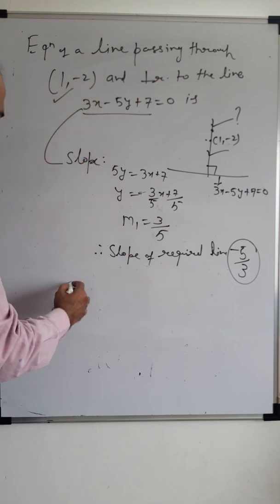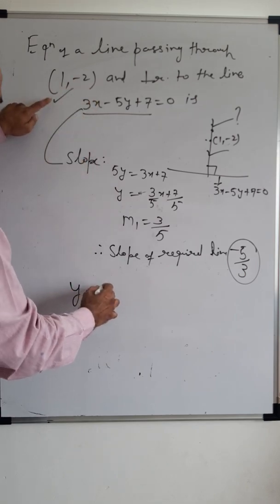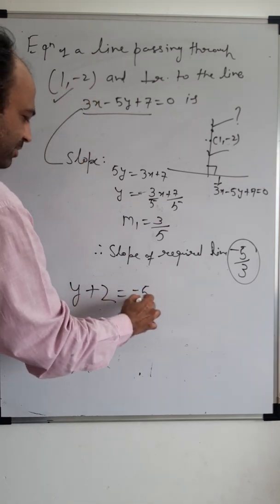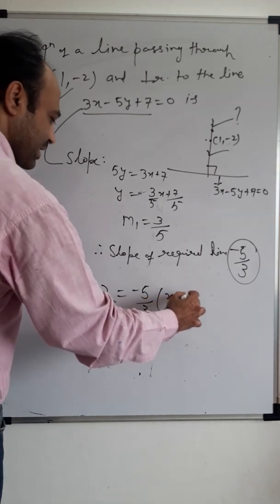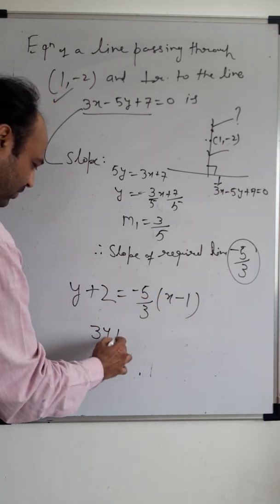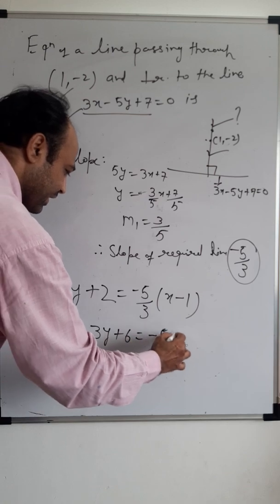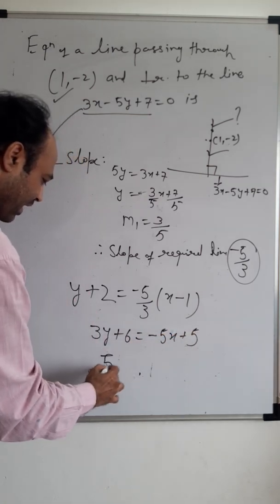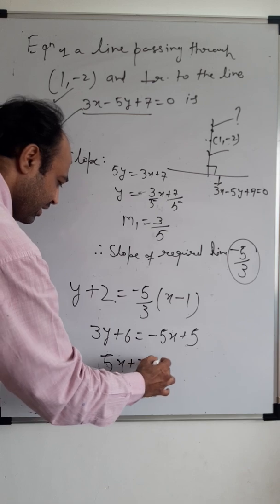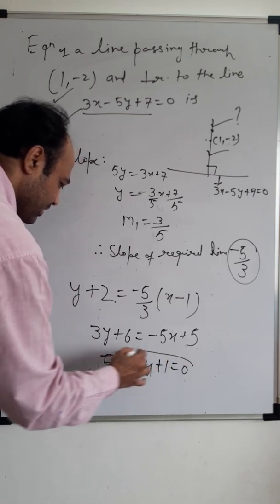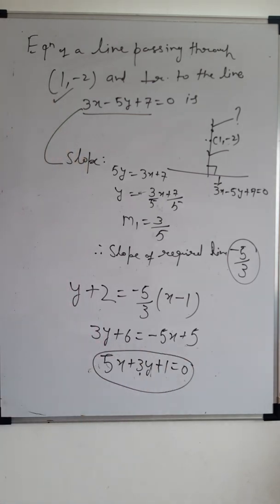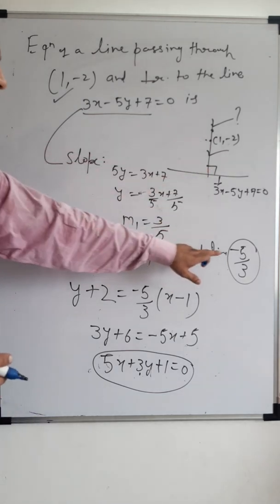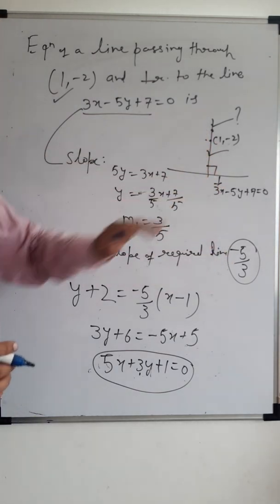It passes through this point. Put in the equation: y minus y1 equals m, which is minus 5/3, times (x minus x1). After simplification you will get 5x plus 3y plus 1 equals 0. Okay, this is one way: you found the slope of the given line, flipped it with a minus sign, got the slope, and the point-slope form came.